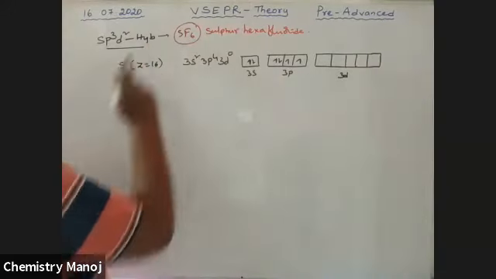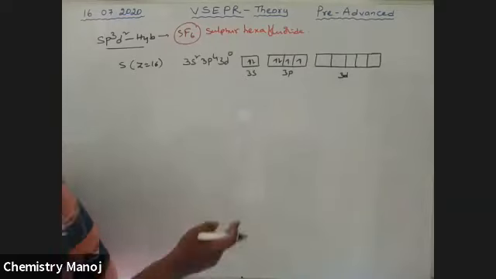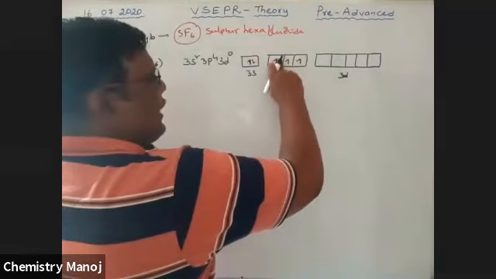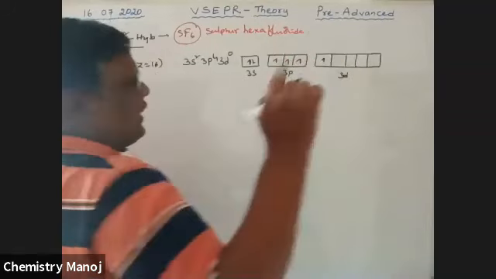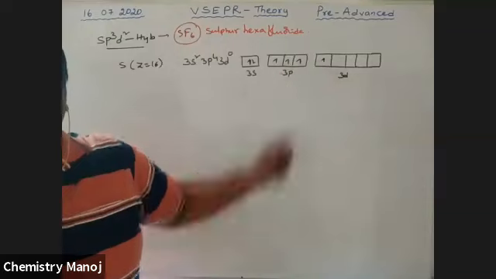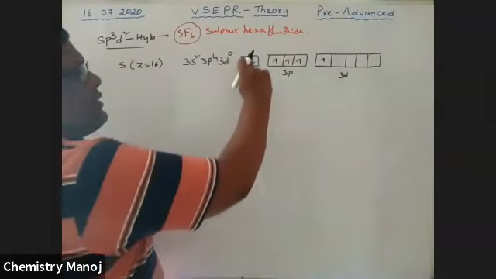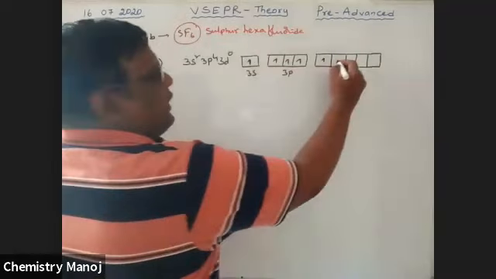But sulfur can form 6 bonds here, and for that we need 6 unpaired electrons. So electrons are going to be excited. After the first excitation we have only 4 unpaired electrons, which is not sufficient. We want 6, so a second excitation is also possible.